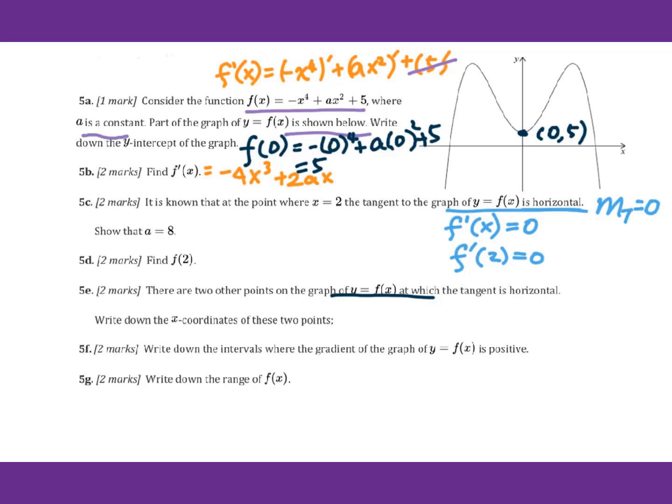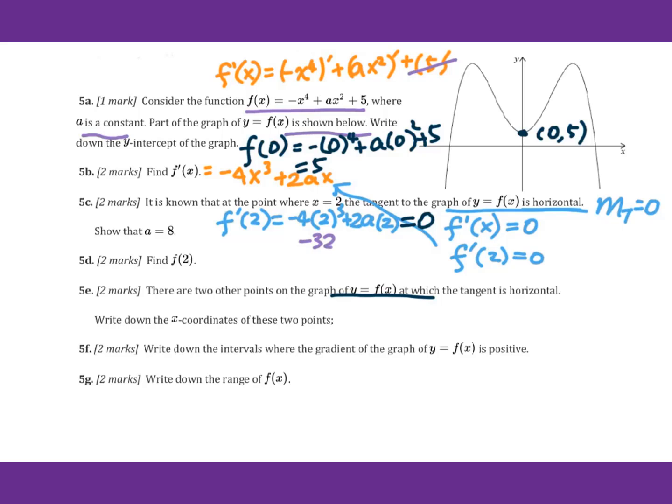So we plug in 2 to this derivative function. f prime of 2 equals negative 4 times 2 to the third power, plus 2 times a times 2. That equals 0.